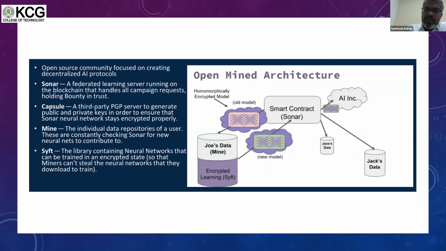OpenMined is, as I said, again an emerging framework, which enables you to incentivize in a gamified way or using the gas limit mechanisms, where it is enabling data science to use decentralized data, right?